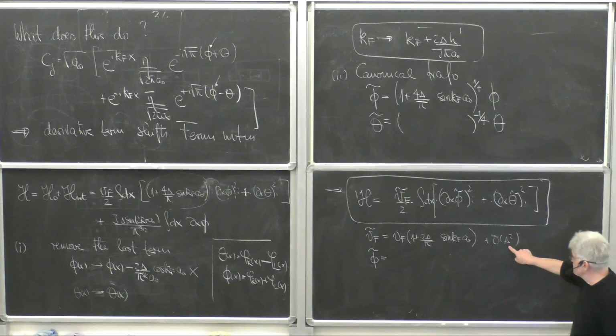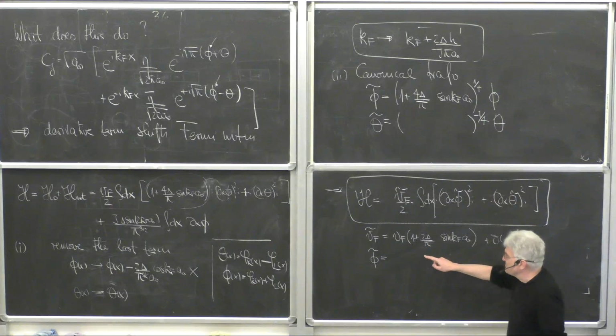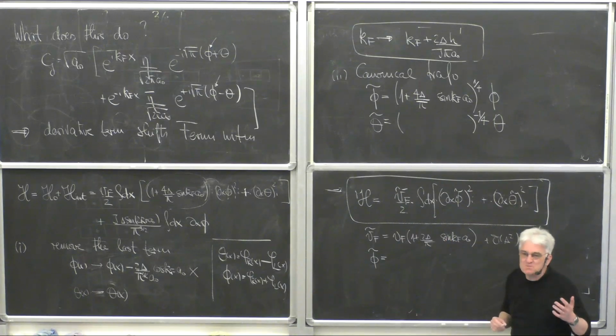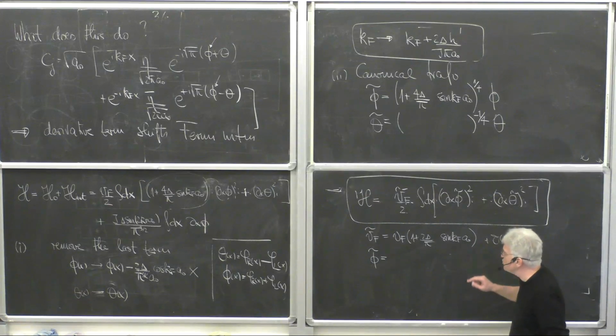No, I understand. Delta is very small. So if I square this, it's 1 over 4 delta, or 1 plus 4 delta over pi.